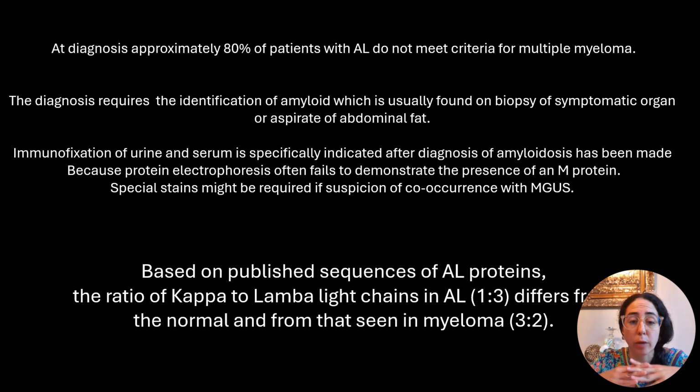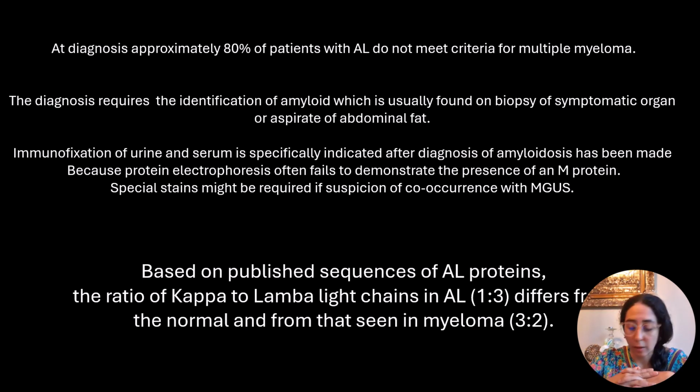The diagnosis requires identification of amyloid, which is usually found in a biopsy of the symptomatic organ. So, for example, if you're having acute kidney injury, a biopsy of the kidney will demonstrate the amyloid.